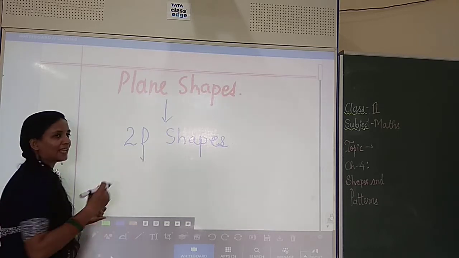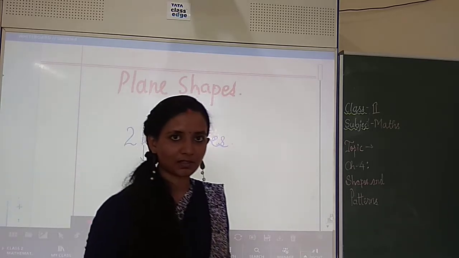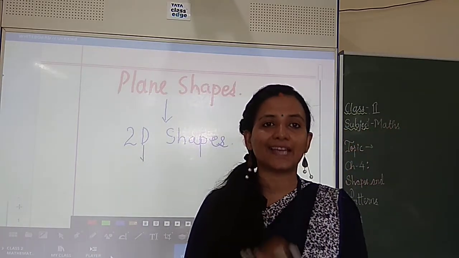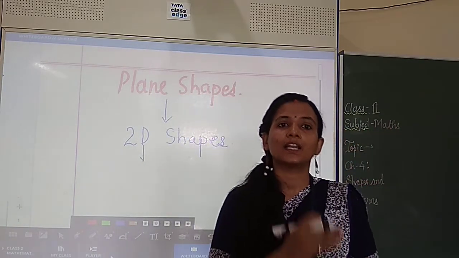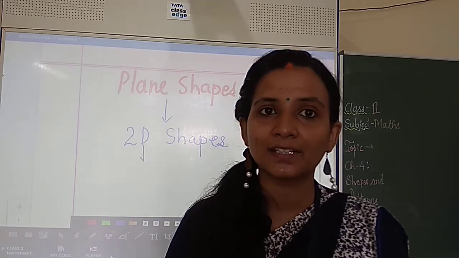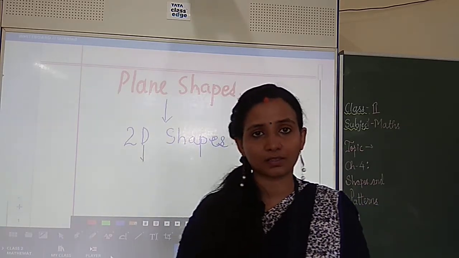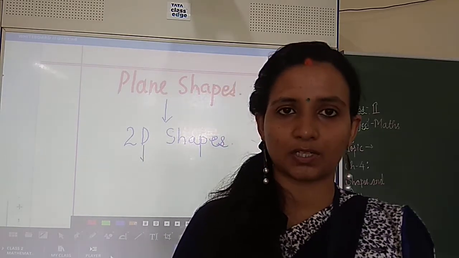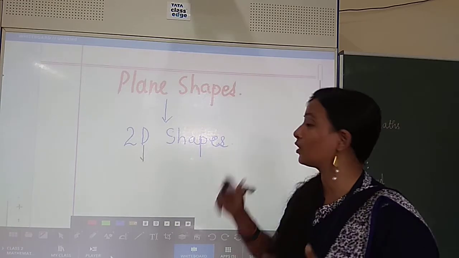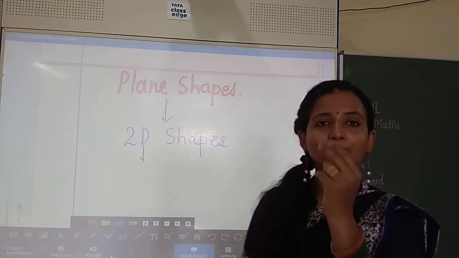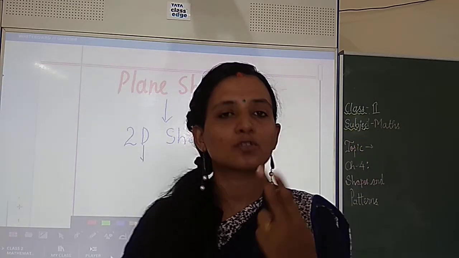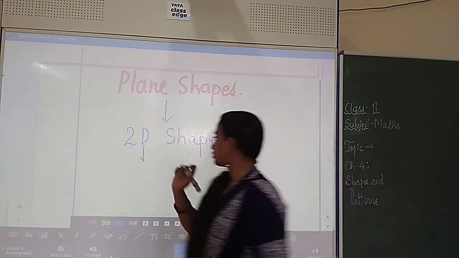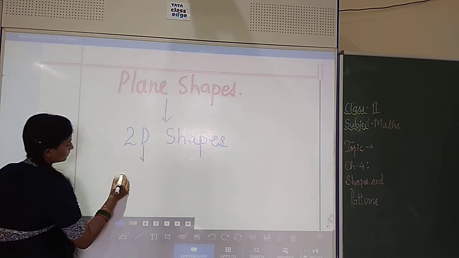Dimension means length, height, breadth. That all comes in dimension. In these shapes, we only use two dimensions. So that's why we call them 2D shapes. It means two-dimensional.